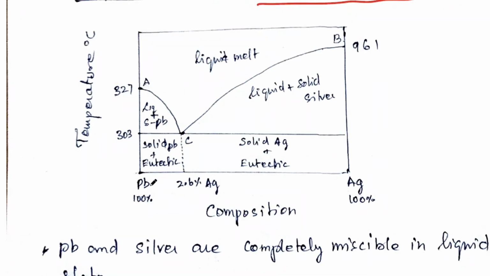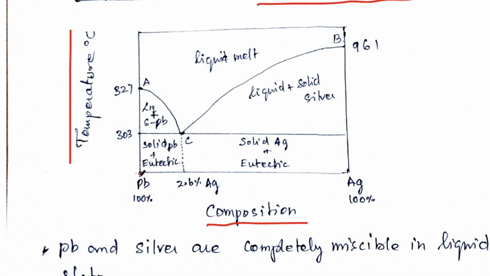To understand this diagram, we take composition in the x-axis and temperature in the y-axis. As we have told already, in a two component system, we take only two variables, that is temperature versus composition, and pressure is kept constant, and therefore we draw this diagram versus temperature and composition. That you have to understand.